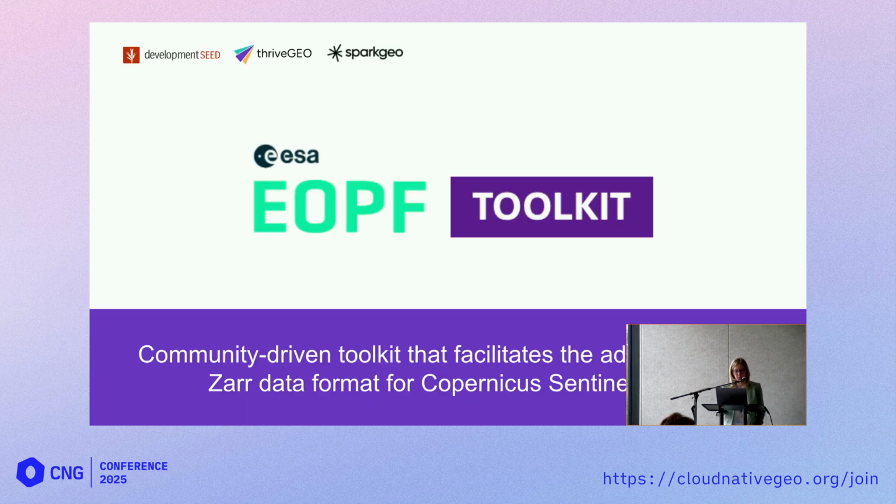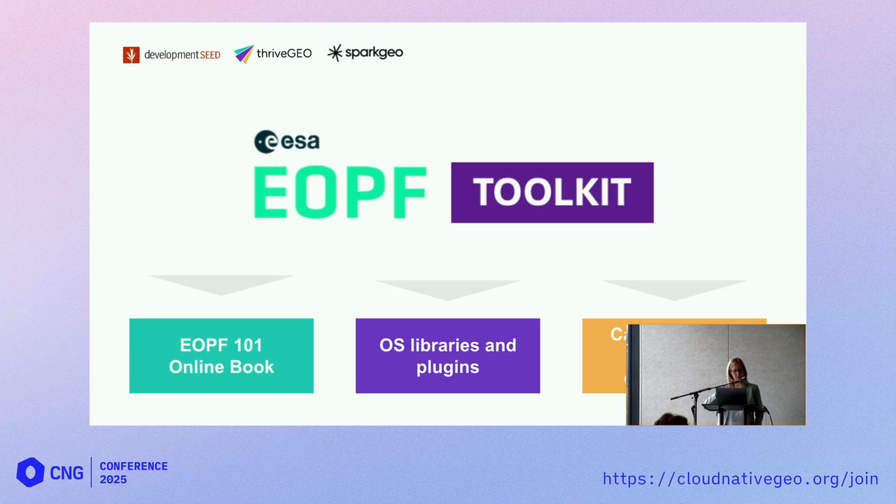The EOPF Toolkit is a community-driven toolkit that facilitates the adoption of the Zarr data format for Copernicus Sentinel data. What we mean with that is that we have 3 building blocks that will help users to start using the Zarr data and engaging with the Zarr samples archive.